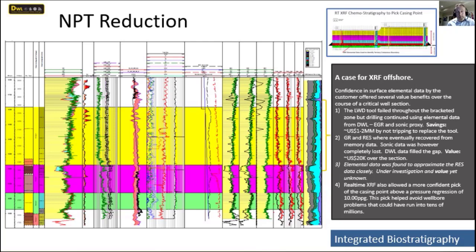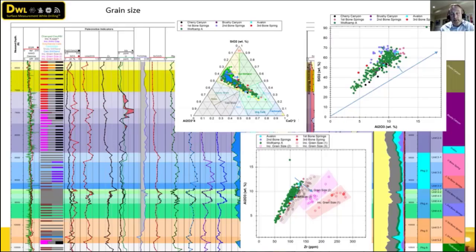The level of confidence that the customer had in the data that we were providing led them to decide not to conduct a bit trip for LWD failure, which on an offshore project has a significant cost saving. So, there's very much a commercial aspect to that side of the solutions that can be provided with these sort of measurements.